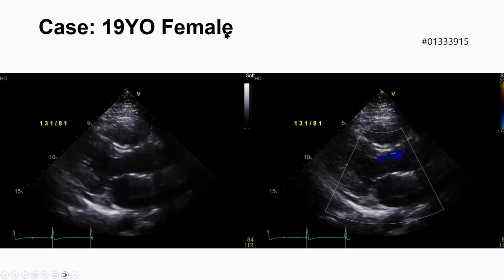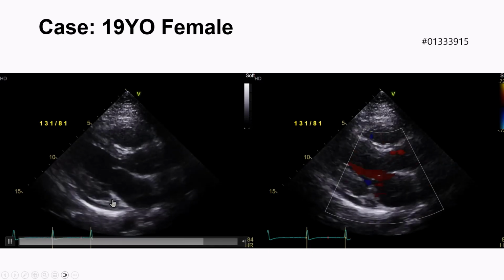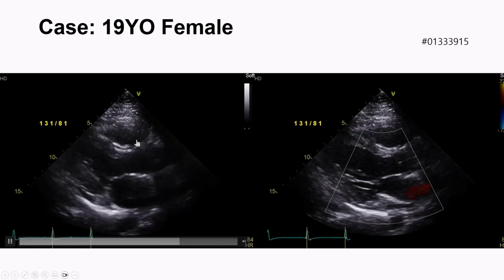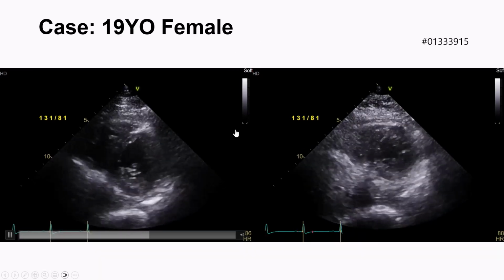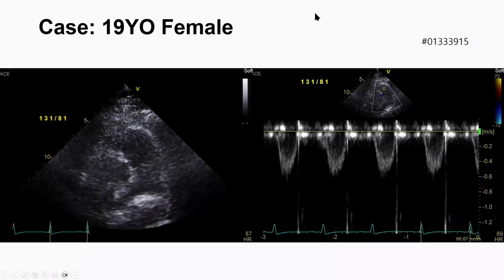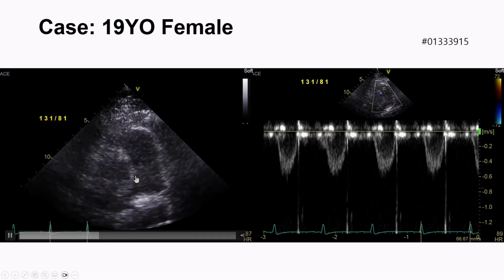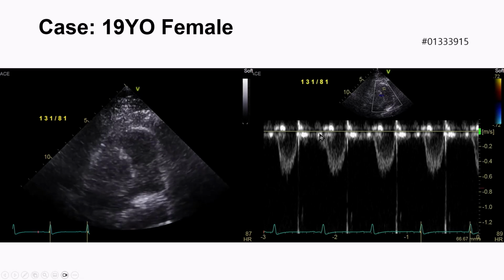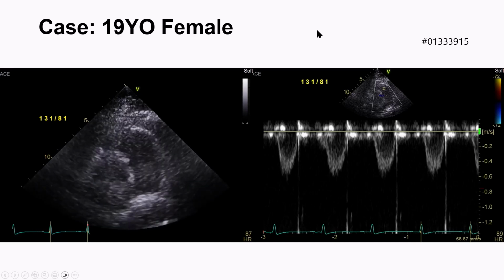After the operation, echo showed decreased size of the RV, no D-shaped LV, and decreased size of the pulmonary artery, and her PW Doppler signal changed to normal.